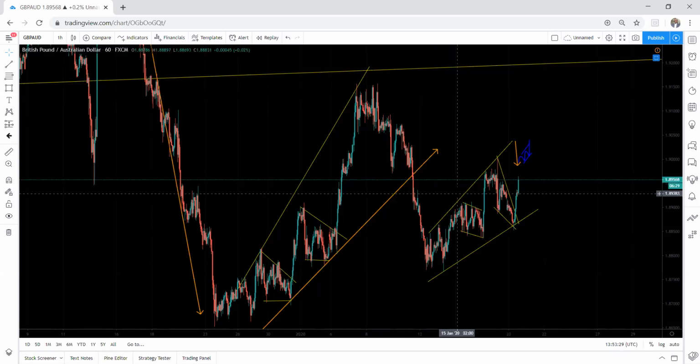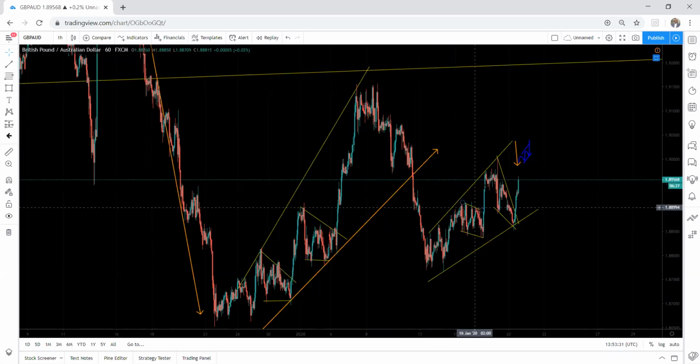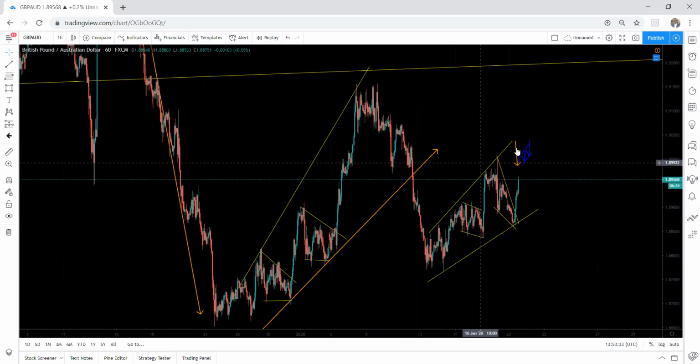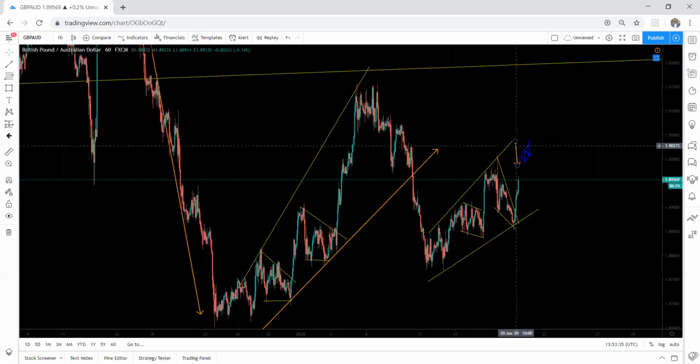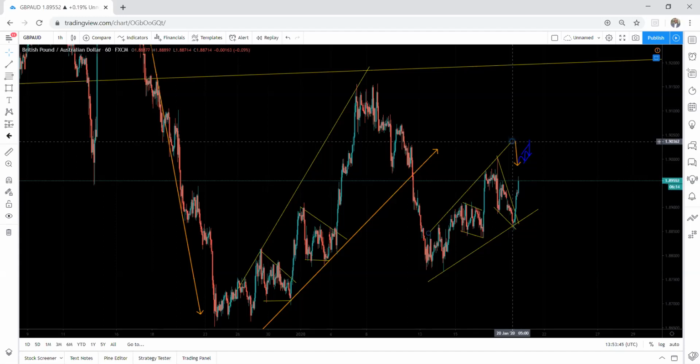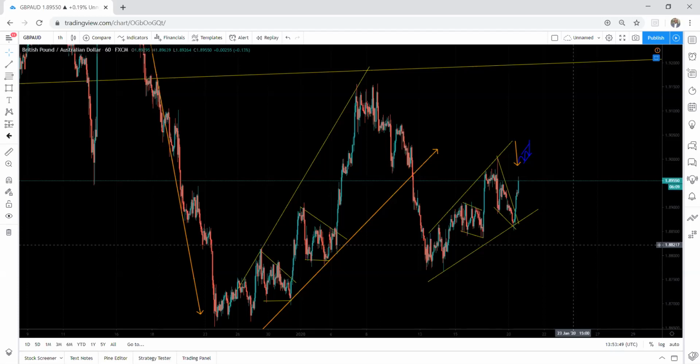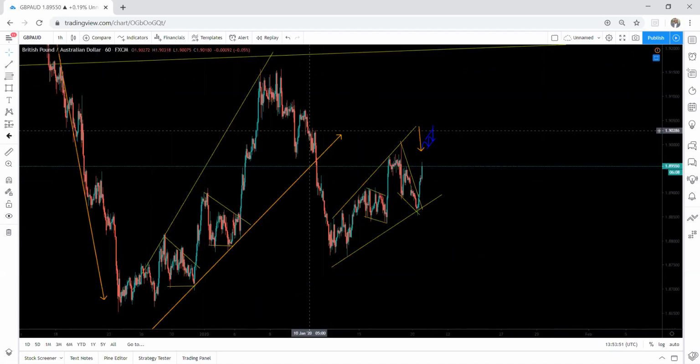You have an impulse, you have a correction, an impulse, you have a correction, then you must see another impulse to the upside. Expect it to hit this area to make another touch here. If it gives us another touch here, then we look for a reversal impulse there and sell it to the downside, because already you have this very simple structure.